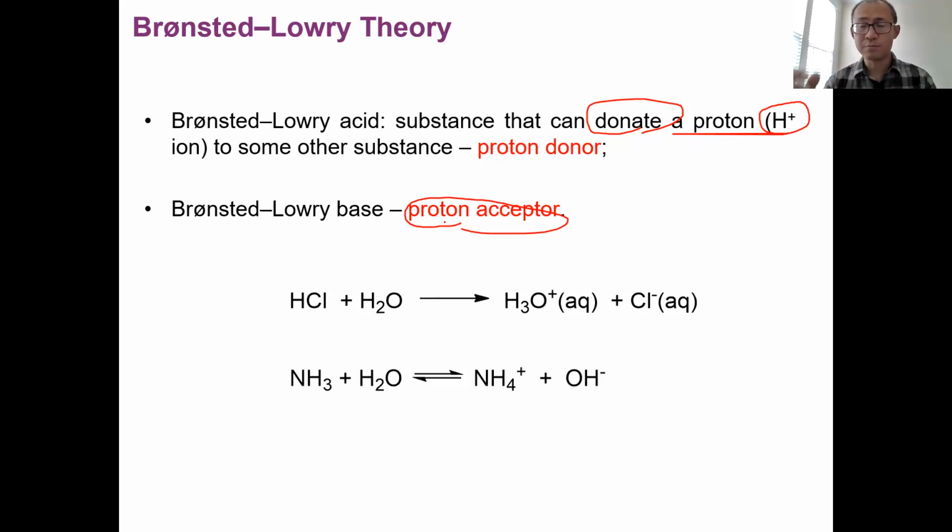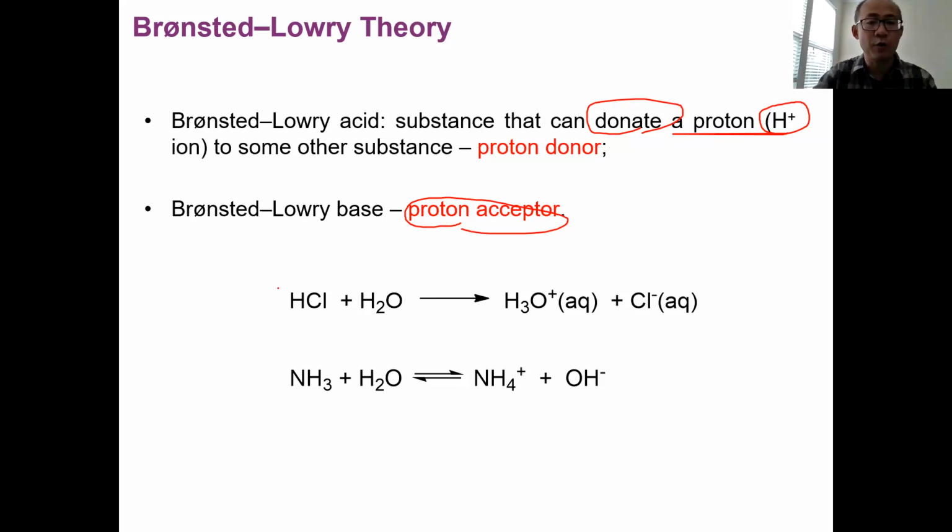Acid donates a proton, base accepts a proton. One is proton donor, one is proton acceptor. Later on, you will see that this theory is all about the transfer of protons. One guy, the acid, donates, the other guy accepts. So it's basically the transfer of protons. That's the essence of Bronsted-Lowry acid and base theory.